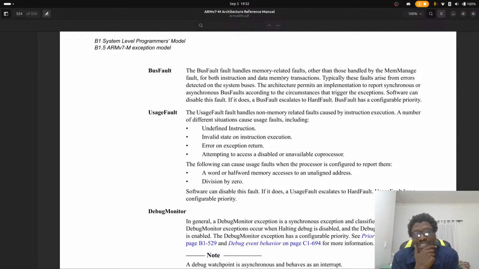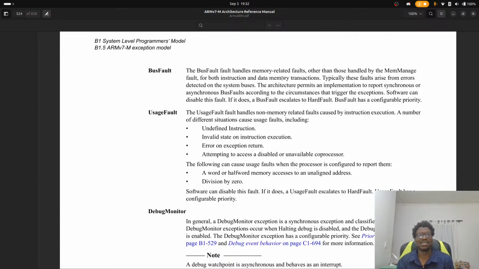A number of different situations cause usage faults, including undefined instructions, invalid state on instruction execution, error on exception return, attempt to access a disabled or an unavailable coprocessor, and then the following can also cause it: a word or a half word memory access to an unaligned memory address, and division by 0.